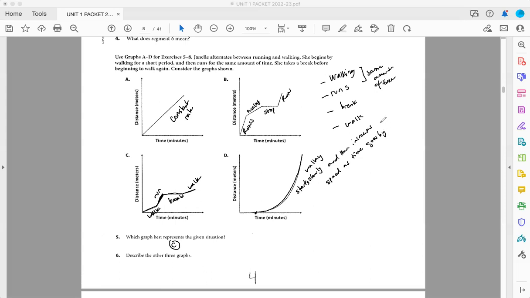I don't want to necessarily say a sprint, but slow to fast at an exponential ratio. This is number 6, the descriptions on the graph.